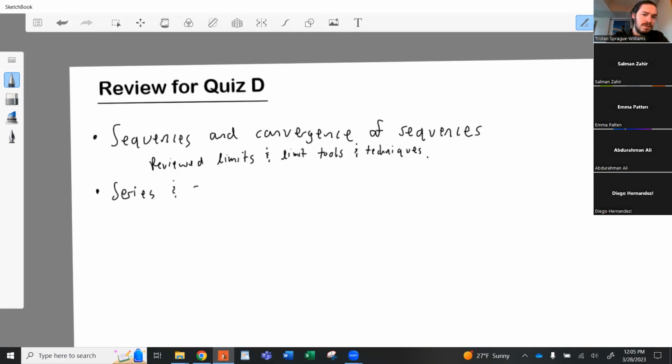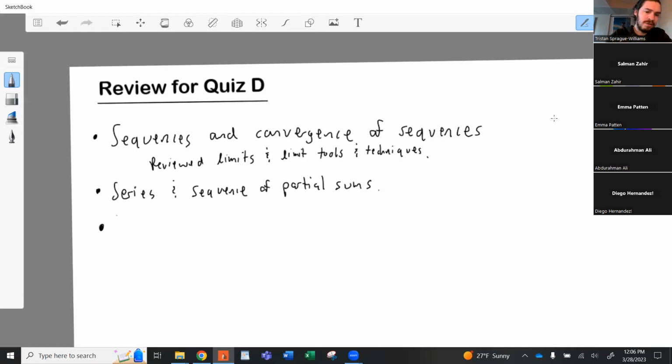and the sequence of partial sums. And the sequence of partial sums defines the convergence or divergence of the series. Now, we studied that directly. We spent a whole day in class practicing working with series and partial sums and trying to figure out convergence based on looking at that.